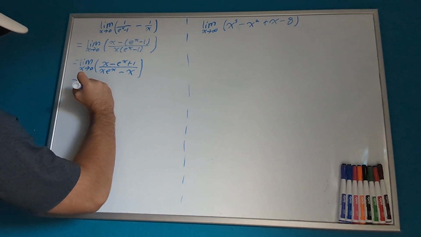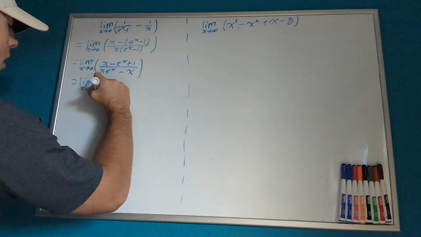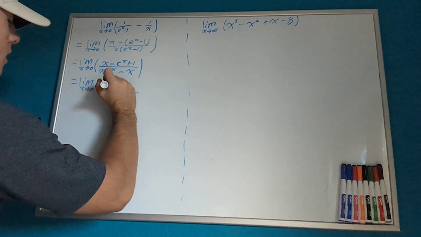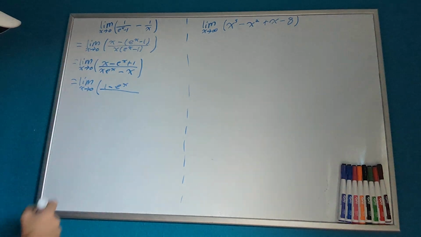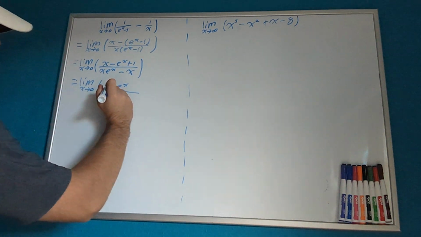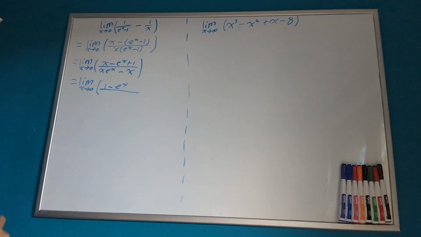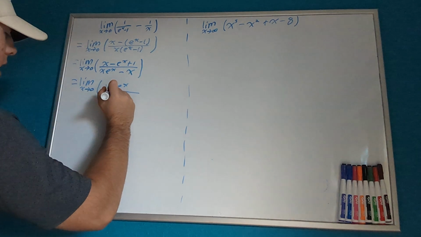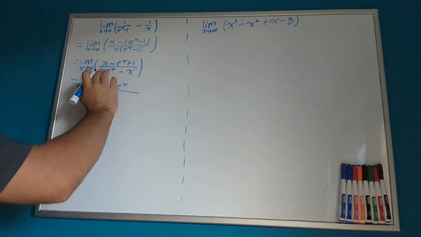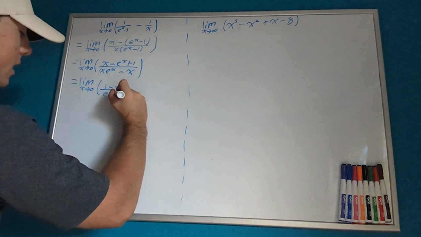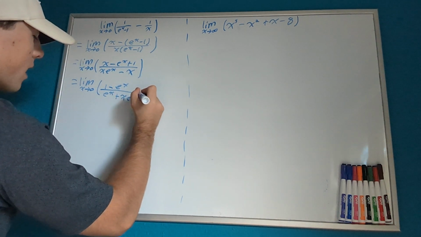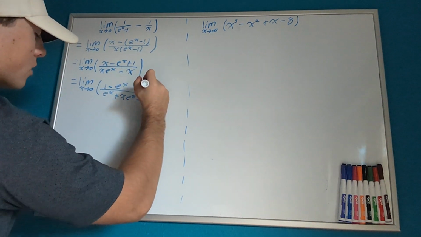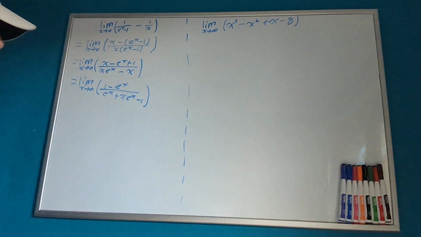We have the limit as x approaches 0 of 1 minus the derivative of e to the x, which is e to the x, right? The 1 plus 1 goes away. Then down here we have the derivative of x, which is 1, times e to the x, that's e to the x. Then we have x times the derivative of e to the x, plus that. So that'll just be x times e to the x. And then we have minus 1, because the derivative of negative x is negative 1.